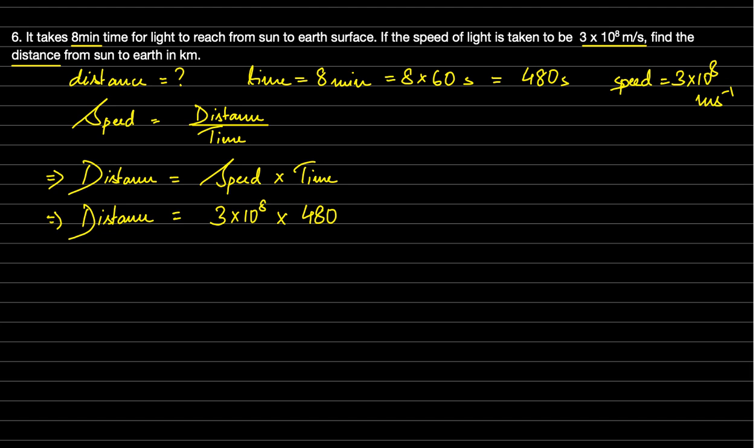Now 480 into 3 gives us 1440 into 10 to the power of 8, and since it is in meters, we have got it in meters here. So distance we have got to be 1440 into 10 to the power of 8 meters. When we have to convert meter to kilometer, we divide by 1000.